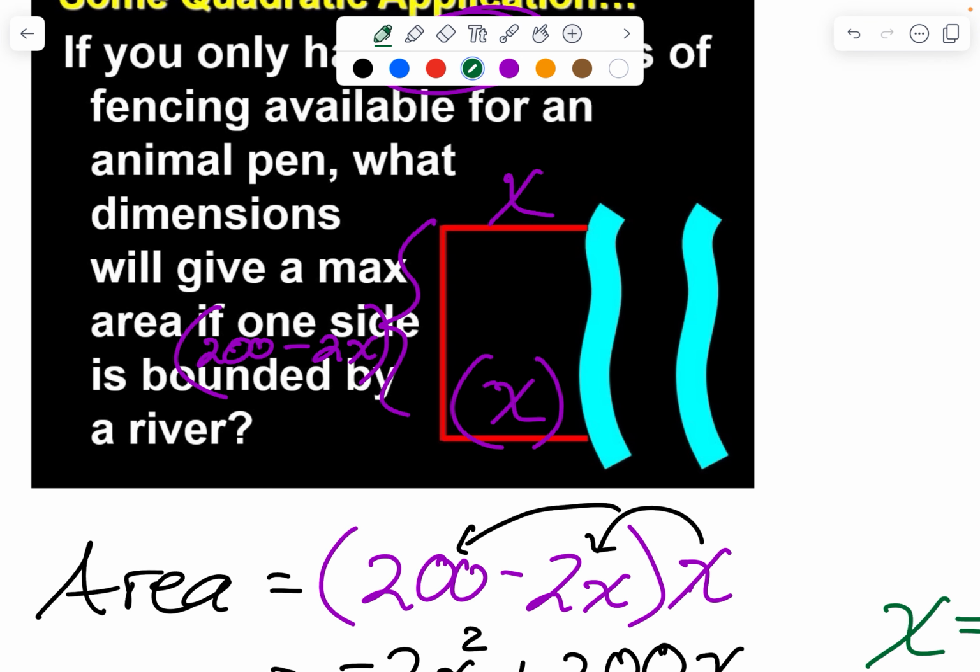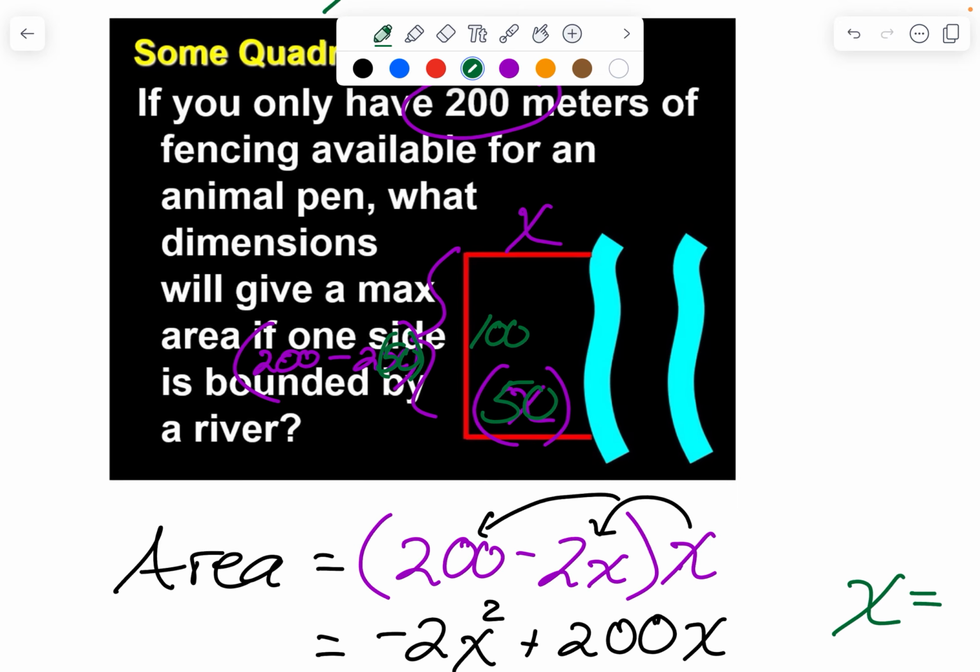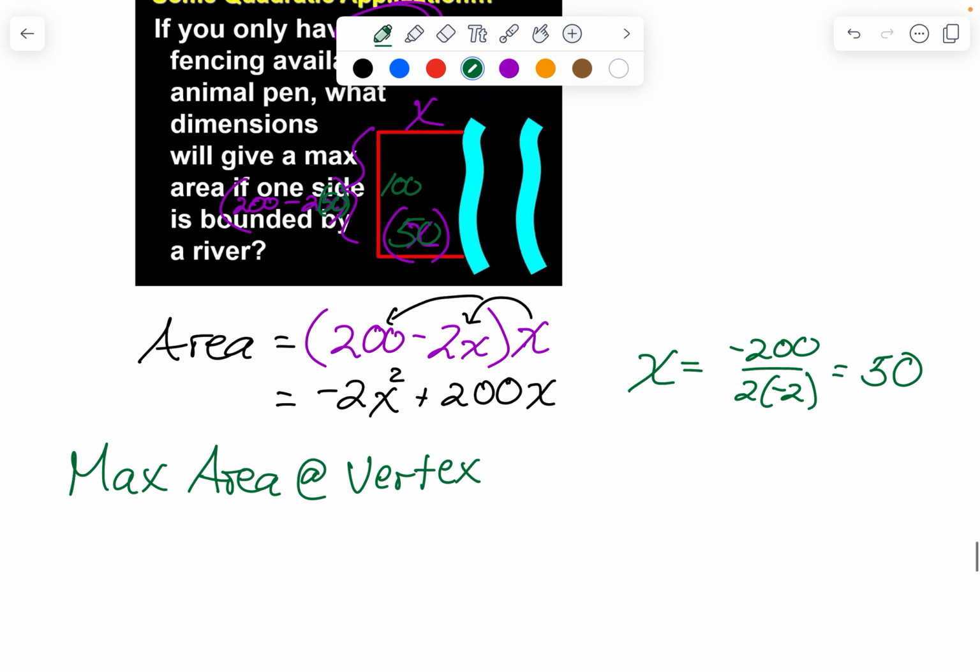So that means this equals 50. It also means that this equals 50, or that the entire dimension is 200 minus 100. So I can say that my other dimension is 100. My rectangle is a 50 by 100.